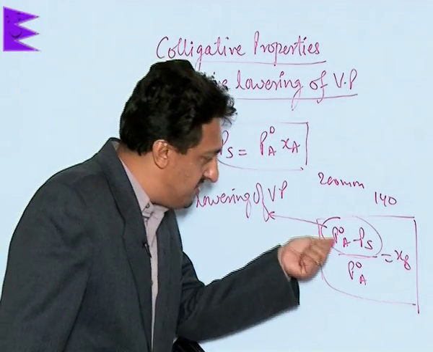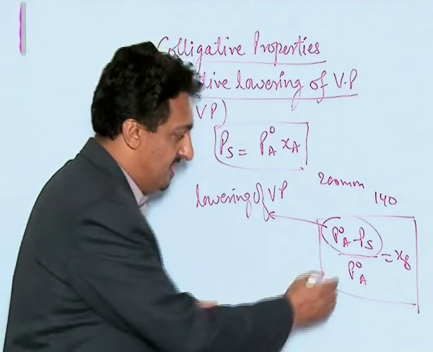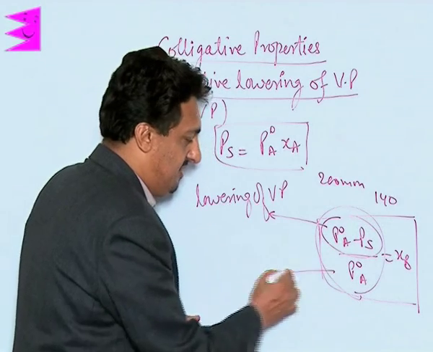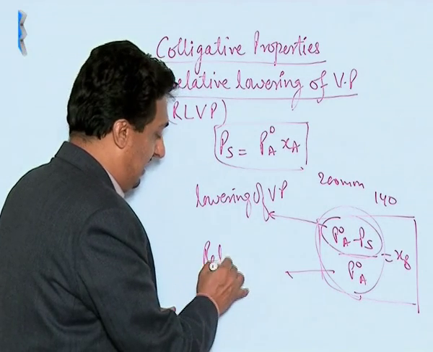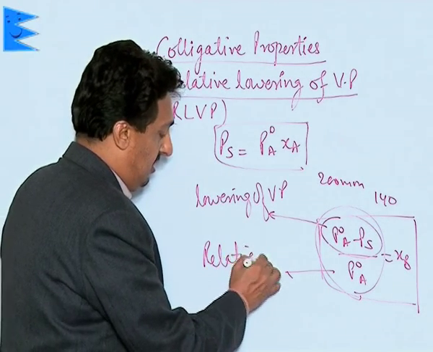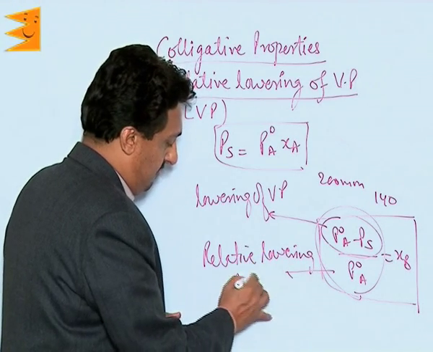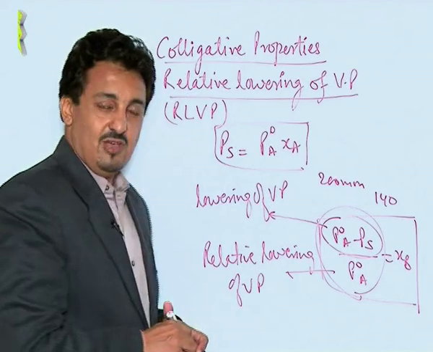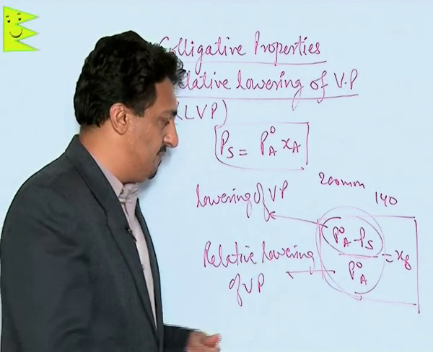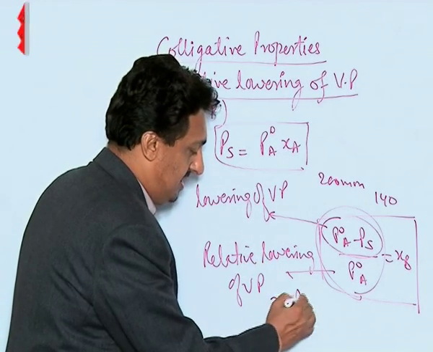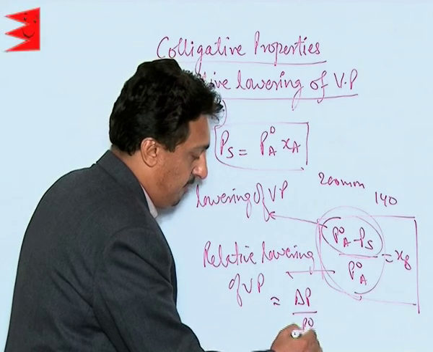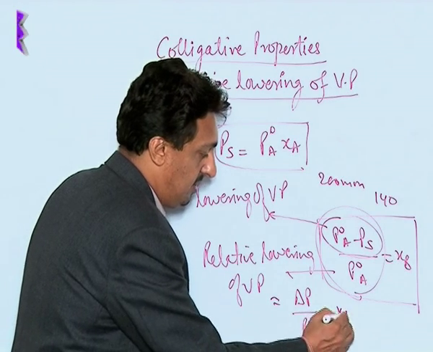Now once it is divided by P naught A again, the left hand side becomes the relative lowering of vapor pressure of the solution. This relative lowering of vapor pressure is also written as delta P upon P naught A equal to XB.